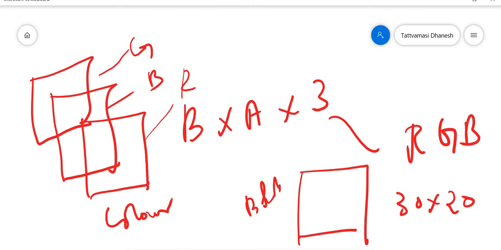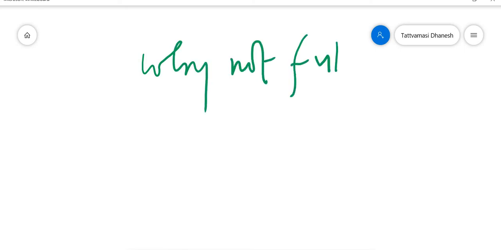The next point I am going to discuss here is why we are not using fully connected networks for image recognition, and why we are going for convolutional networks.